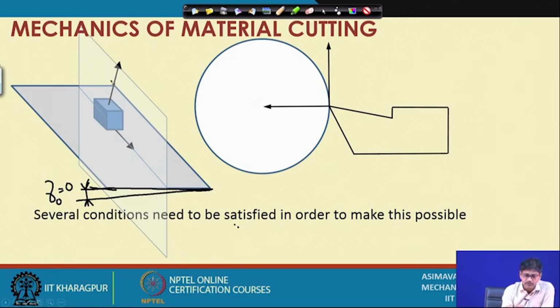In that case, the pull forces of this body coming down the inclined plane is only defined by the normal reaction and the frictional force, and therefore, it will be contained in this plane perpendicular to this particular plane. Okay. So, this is the cutting edge, this is our chip, this is the orthogonal plane, this one is the orthogonal plane, orthogonal rake is 0, sorry, I made a mistake.